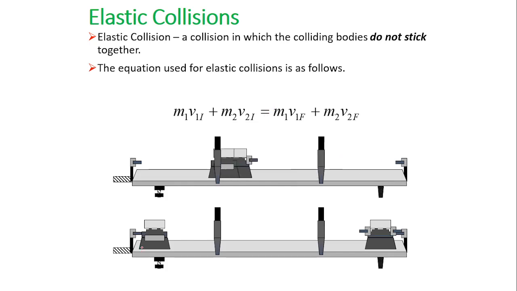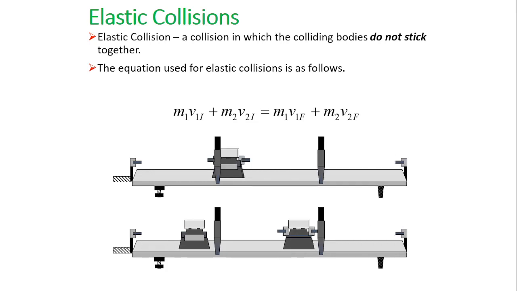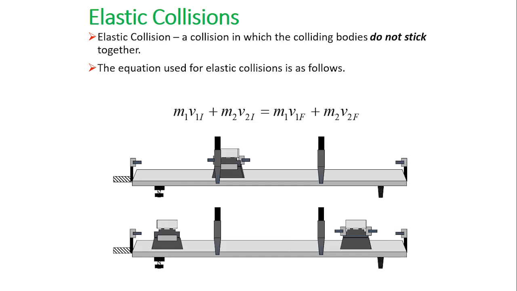If you look at what is playing on your screen, those two bodies are not sticking together. Because they are not sticking together, this is an example of an elastic collision. Same applies with these two. They have acted as if they have stuck together, but they haven't.